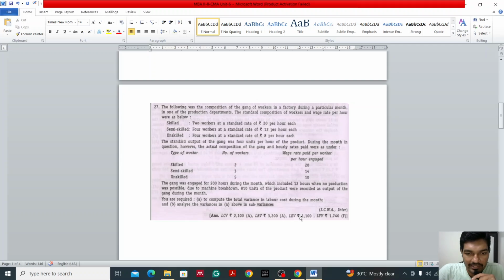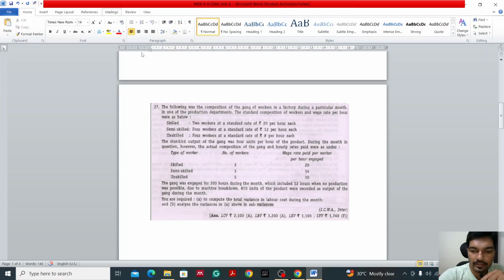So here we need to calculate the actual hours worked. 810 units of the product were recorded as output of the gang during the month. So the total output for the actual data is 810 units. You are required to calculate the total labor cost and also analyze the variance and the above sub-variances.